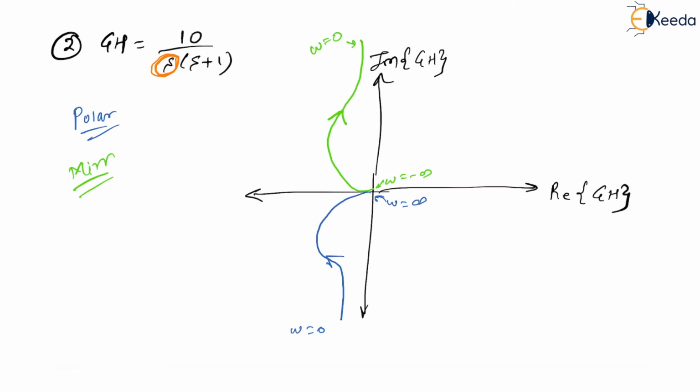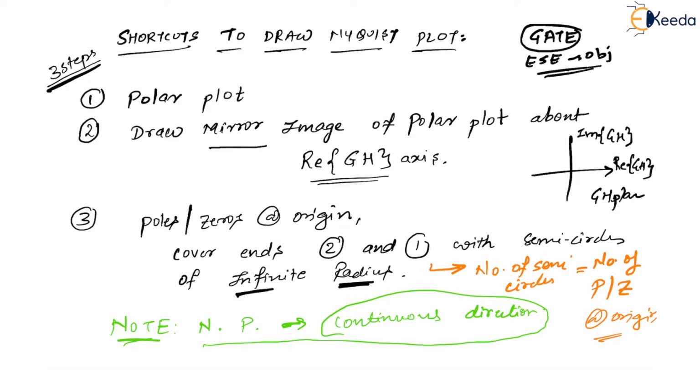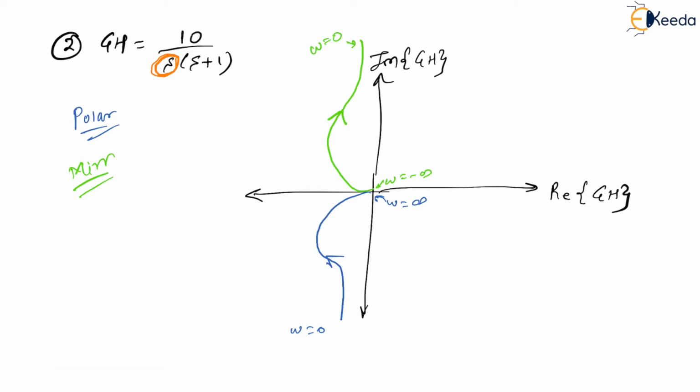So if you see here, you have only one pole at origin, which means you have to draw only one semicircle. Now if you remember, I had said that it has to be from 2 to 1, which means this is the second one.